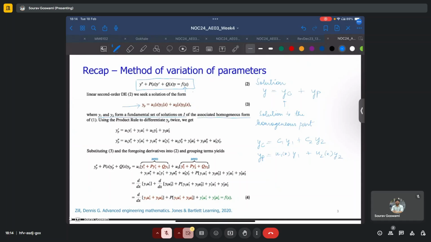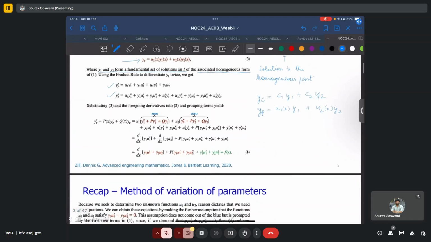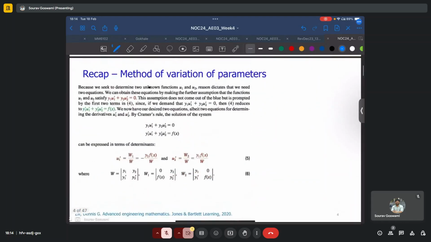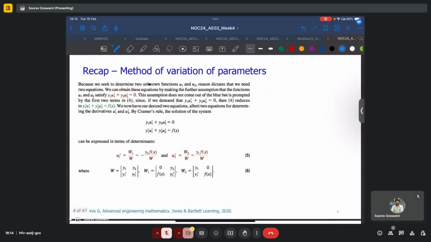After some algebraic manipulation, which involves differentiating this form of the particular solution twice, and after some clever rearrangement, we can obtain these functions u1 and u2.